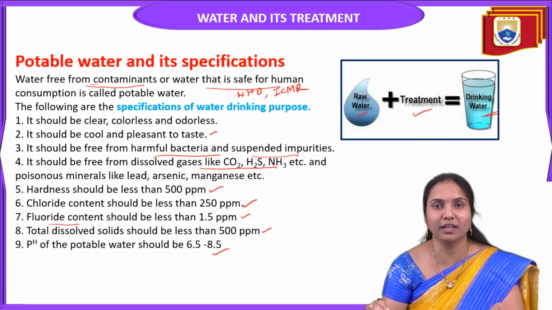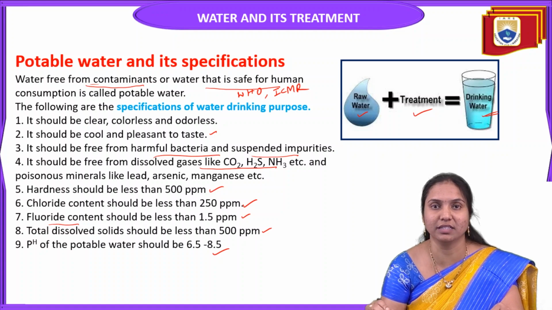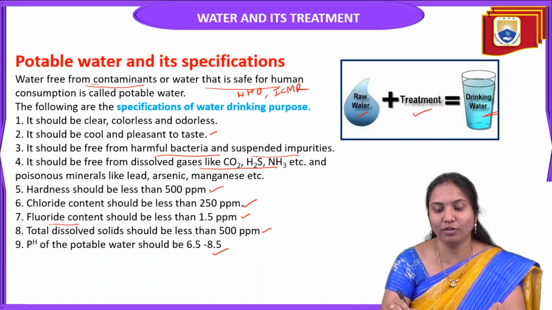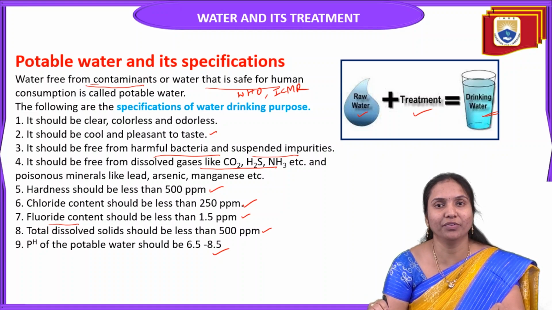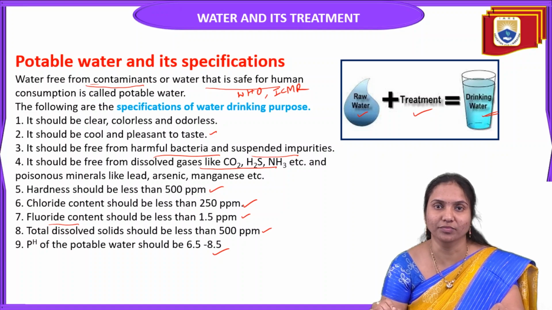The hardness should be less than 500 ppm, total dissolved salts less than 500 ppm, chloride content less than 250 ppm, and fluoride content less than 1.5 ppm. And the pH range of this water is 6.5 to 8.5. So this water is considered as potable water.